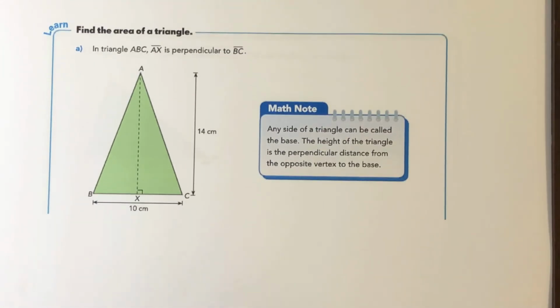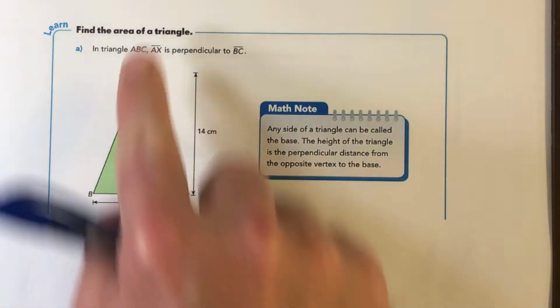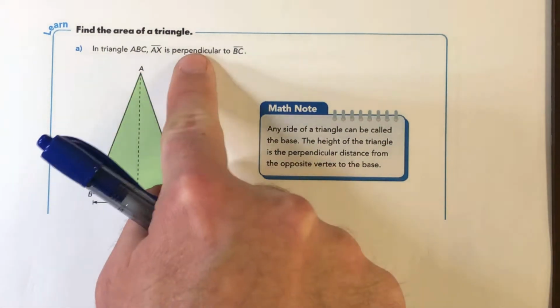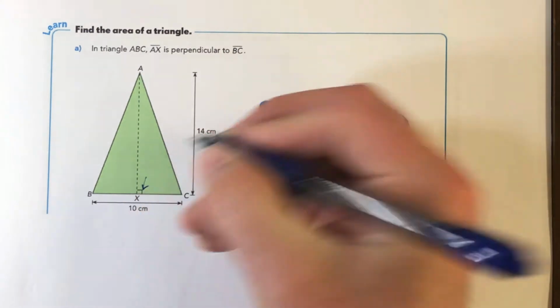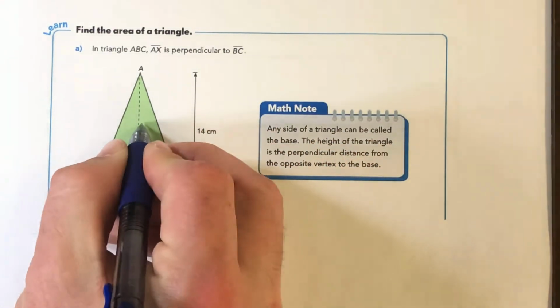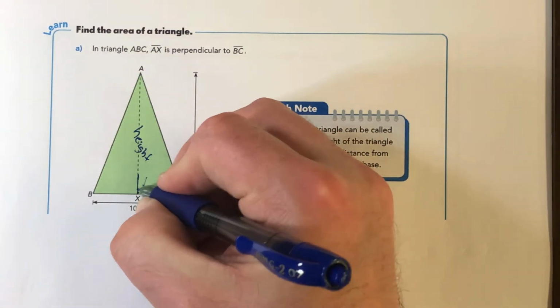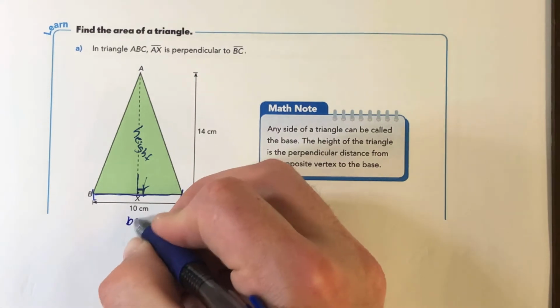So our first example, we're going to find the area of a triangle. In triangle ABC, line AX, this imaginary line, is perpendicular to line BC. See, a little right angle right there. So that means this is our height. And what forms a right angle with it? Line BC. So this is our base.